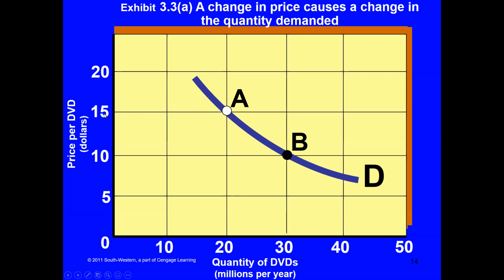Now, if DVDs were on sale and they're $10 a piece, it looks like the total quantity that people would buy in the market is 30 million. So this is a change in price, and it is a movement from point A to point B along one stationary demand curve. The purple line didn't shift. We're just going from point A to point B, and the terminology for this is a change in quantity demanded.